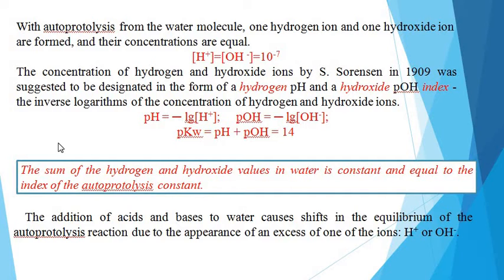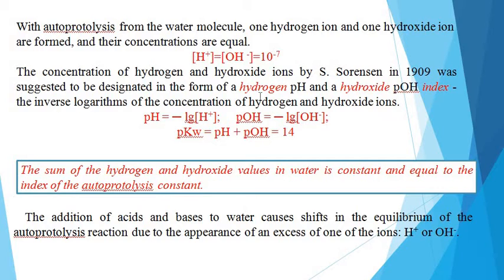The concentrations of hydrogen and hydroxide ions, by Sorensen in 1909, were suggested to be expressed in the form of the hydrogen and hydroxide index: the negative logarithm of the concentration of hydrogen and the negative logarithm of the concentration of hydroxide ions. For example, pH is the negative logarithm of the concentration of hydrogen.